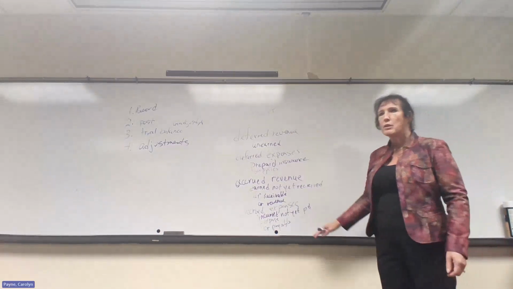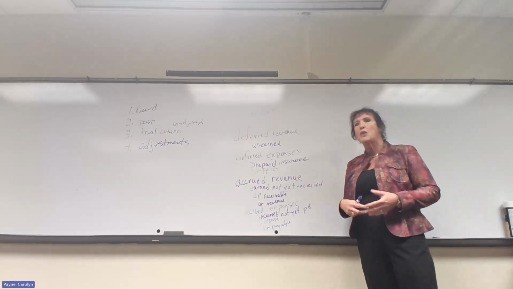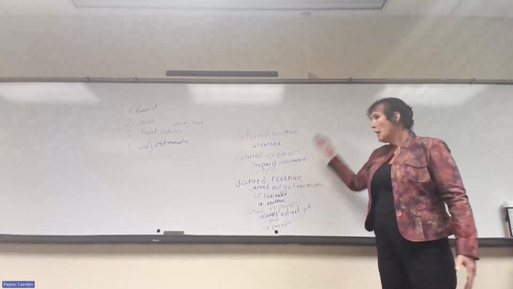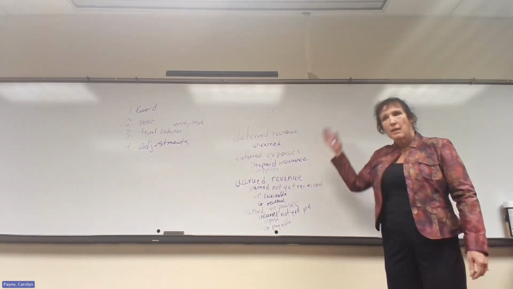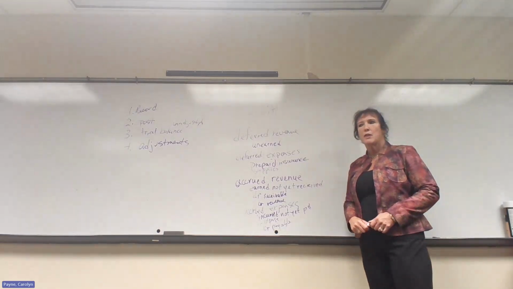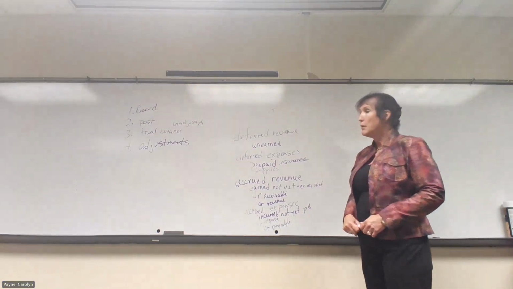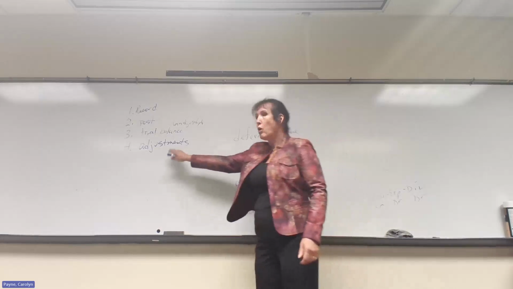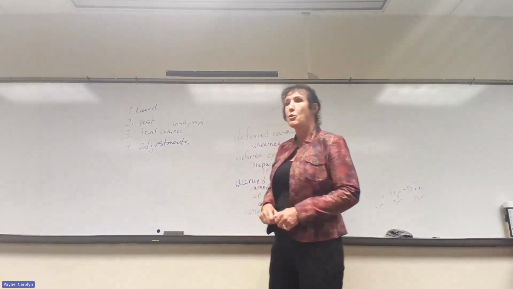So you have those, and then you have your systematic allocation, like depreciation and insurance expense. That's pretty much going to be your adjusting entries. And that's step 4 of the accounting cycle, to make your adjustments.